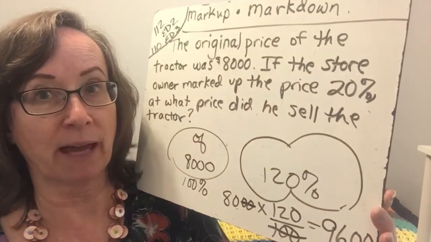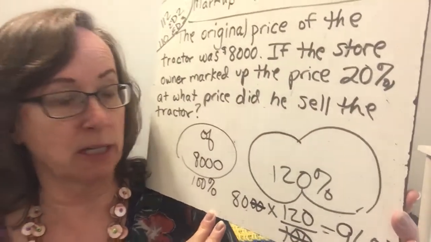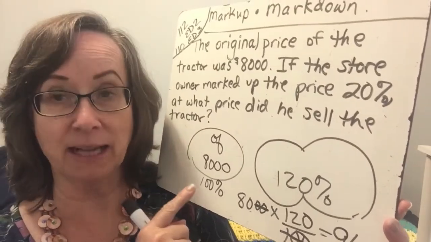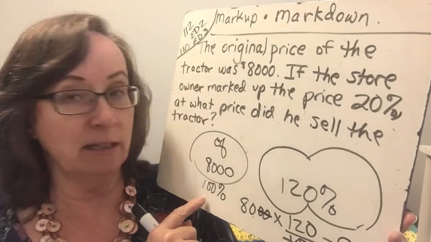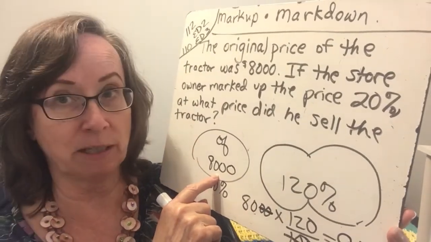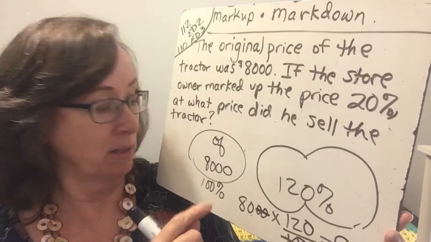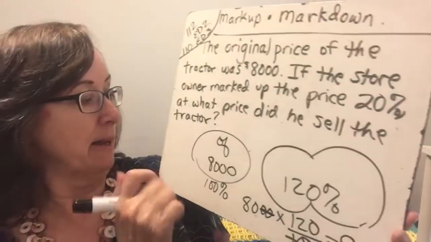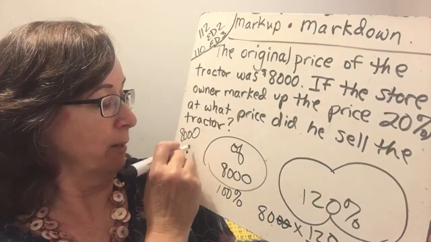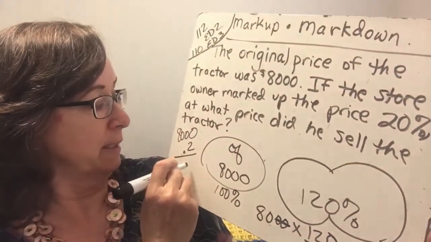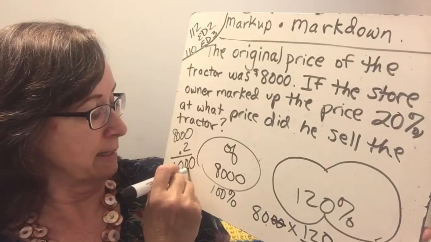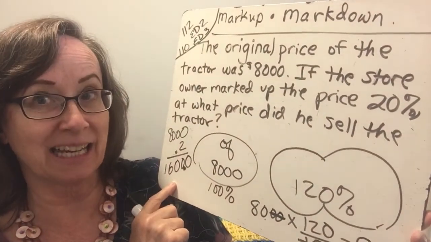So that's going to be 9,600. Now what's another way you could do it? Could we have taken 20% and then added it back to the 8,000? 20% of 8,000 is going to be 0.2 times 8,000, which gives 16,000 with 1 decimal, so 1,600.